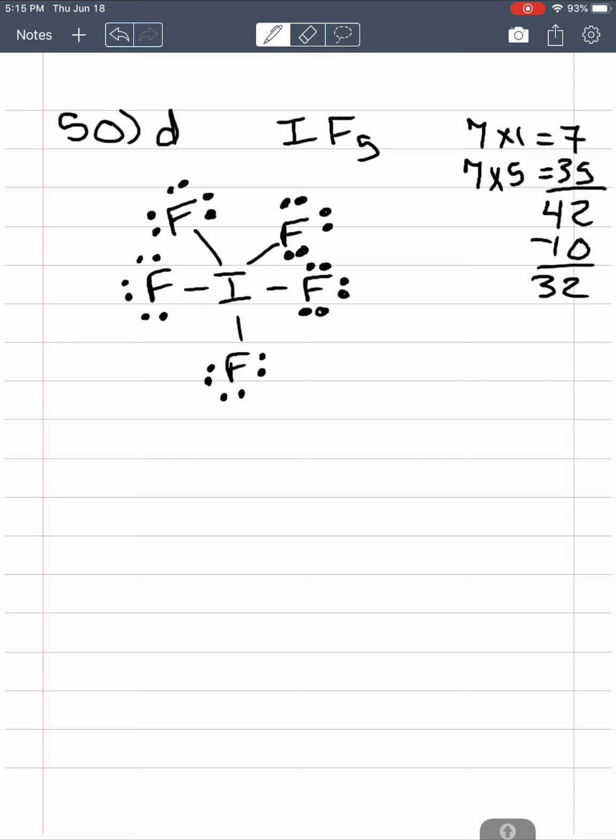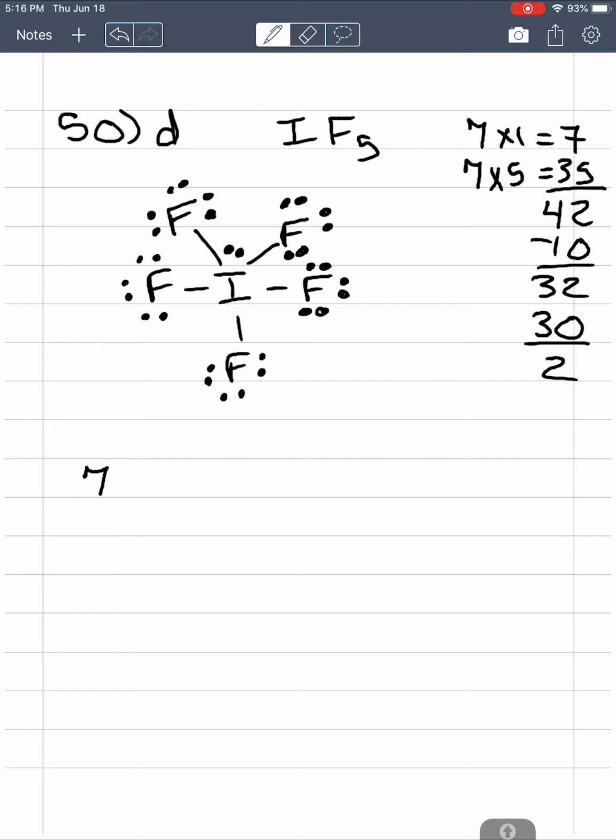We have 5 fluorines, so that's 6 times 5. So we've used 30. We have 2 left over. Should we really put these 2 leftovers on iodine? Iodine already has 10 electrons. That's 2 beyond 8. The answer to that is yes, because if you have leftovers, you always put them on the central atom, even if it goes beyond an octet.